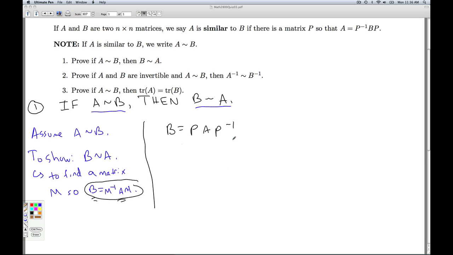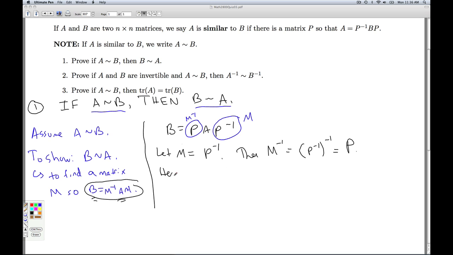Okay, so we're at this stage. We're going to let M be P inverse. Then M inverse is P inverse inverse, and as we talked about in class, P inverse inverse is just P again. So I'm calling this guy M, and we've just shown that this guy is M inverse.